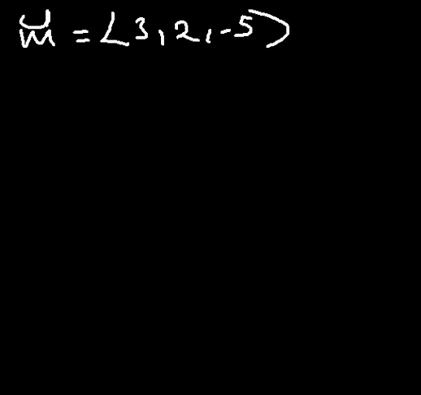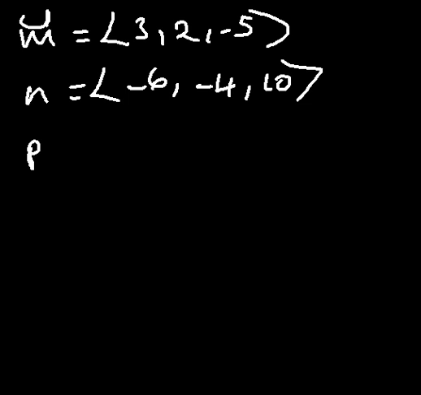Let's say we have a vector m, given in component form as 3, 2, negative 5. Let's say we have a vector n which is given as negative 6, negative 4, 10.